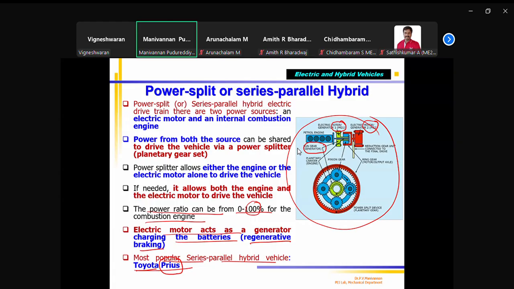This MG1 can become a generator also. Both can become generators. This one is mainly used for driving. This one is generally for regenerative braking and all those things. The engine, motor 1 and motor 2 are all connected, and the total torque is supplied to the wheels using the planetary gear arrangement. So this is how it works.